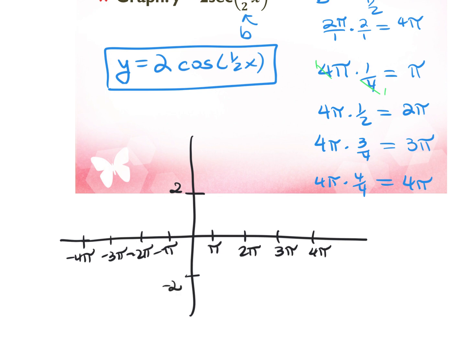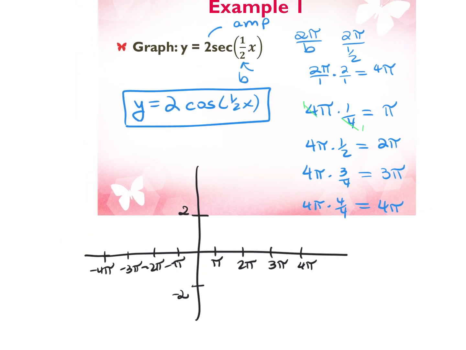So now what we're going to do is graph the cosine graph first. I'm going to graph that one in blue, and then I'll do my final one in red, I guess. So let's do it in blue first. Remember, the cosine graph normally would start at 1, but it's got an amplitude, so I start at the amplitude. I'm going to start at 2, then go down to pi, then down again to 2 pi, and then back up, and then back up again.